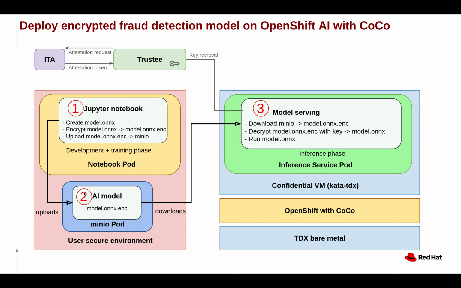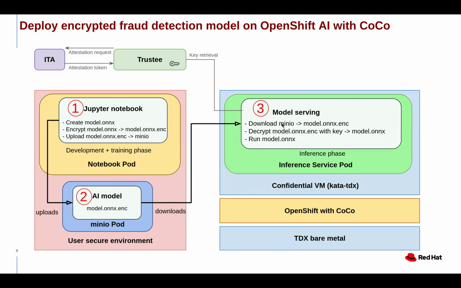The second phase uploads the encrypted AI model to the MinIO pod, which has S3 compatible storage. The third phase is model serving. The inference service pod will download the encrypted AI model from this storage, and then it needs to retrieve the key from the Trustee, which we used to encrypt the model.